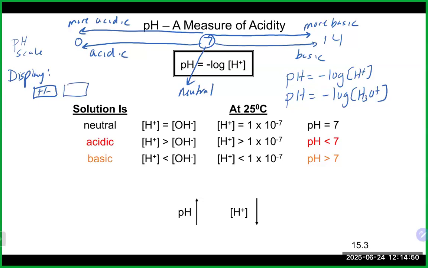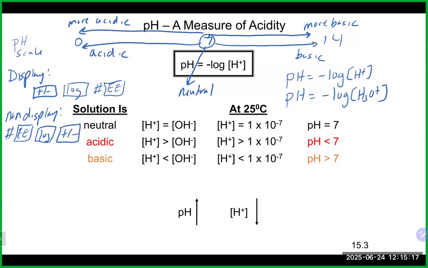You would hit the log button, and then you would put your number in, probably using your exponent button. If you have a non-display calculator, this formula and all the others we're going to see in this chapter, you need to work backwards, which means you need to go with the number, again probably using your exponent button. You then need to hit the log button, and then you need to hit the negative button, again, not the subtract button on your calculator.